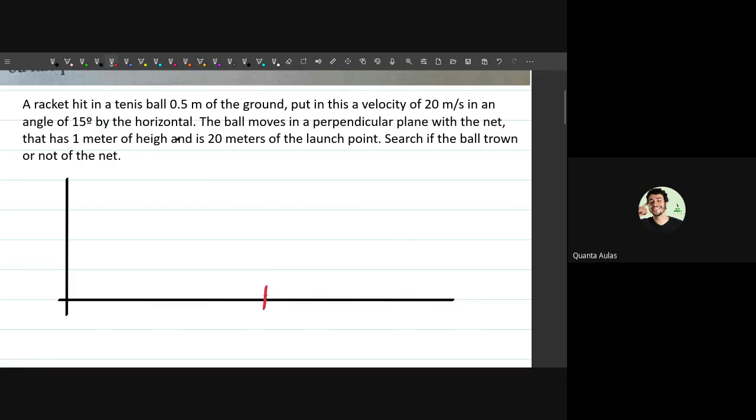The problem said the net is 20 meters from the launch point. So we have here 20 meters, okay? And we have another piece of information.